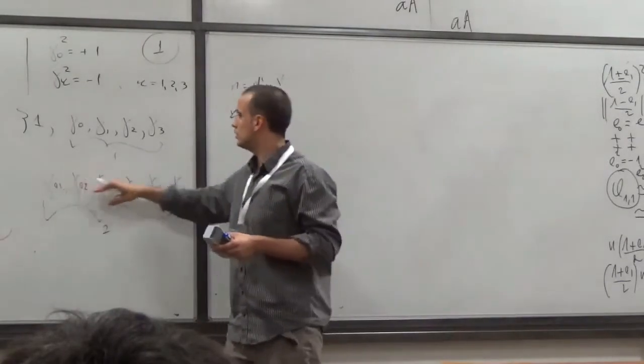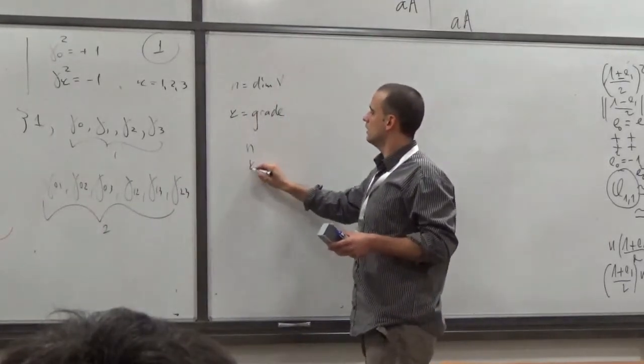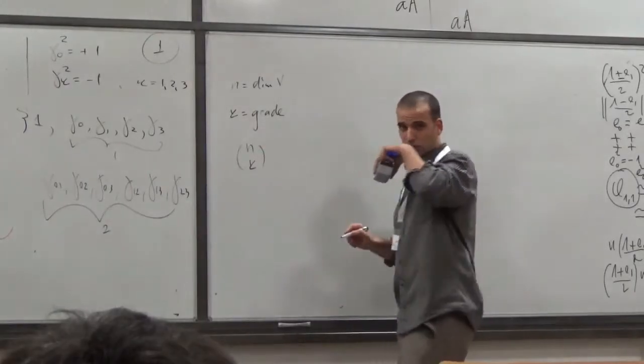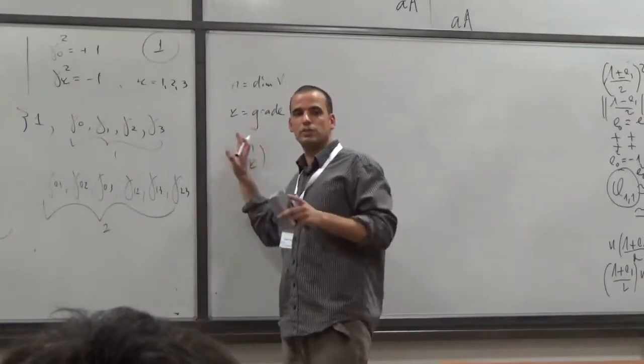How many generators do we have of grade k in dimension n? It's combinatorial, because you can reorder the combination.